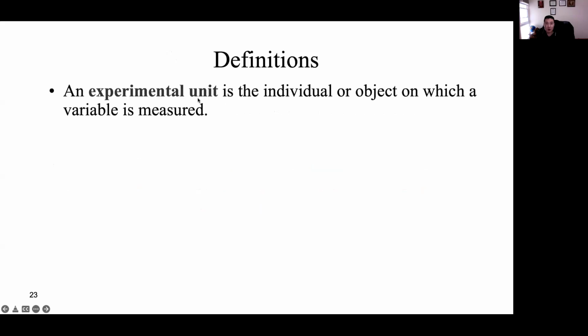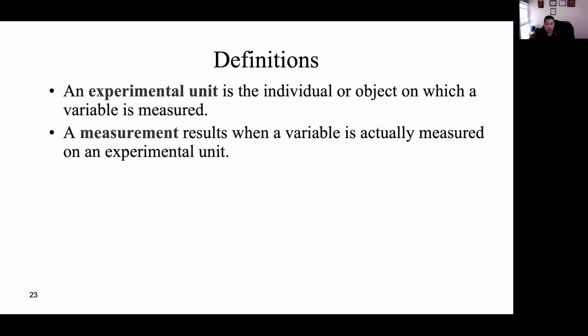An experimental unit is the individual or object on which a variable is measured. For example, the concrete block is the experimental unit, and the variable we measure on that block is the crushing stress. A measurement results when a variable is actually measured on our experimental units.